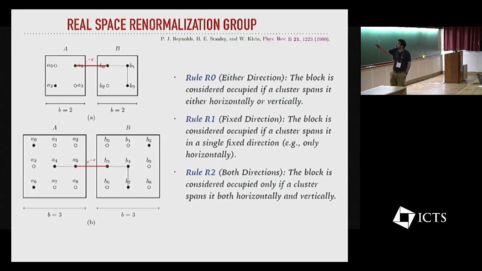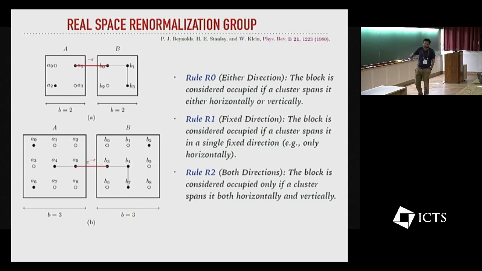What we found useful was this very nice work that was quite well known in the early percolation literature, where you can do real space block renormalization, and you assign some rules where the block is considered occupied if the cluster spans either horizontally or vertically, which is rule R0; R1, where the block is spanning in only one direction; and R2, that it's occupied if it spans both horizontally and vertically.